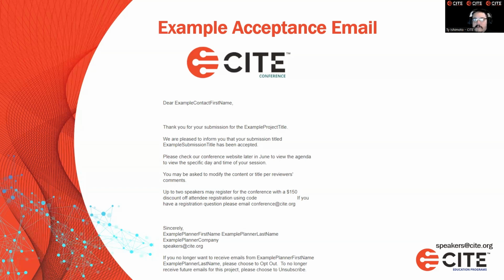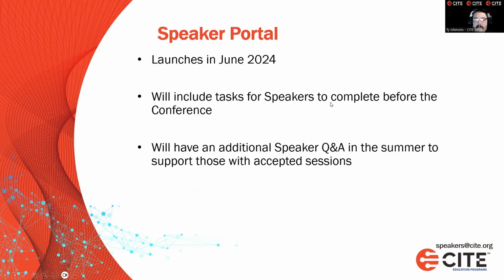So this is generally what the acceptance email will look like, and it will come from speakers@cite.org as well as conference@cite.org. The speaker portal launches in June of 2024, and in the portal, the speakers will have to complete certain tasks that we will assign them before the conference. This includes information that we might need, or different changes they might need to make to their session. It will detail it inside the actual speaker portal.